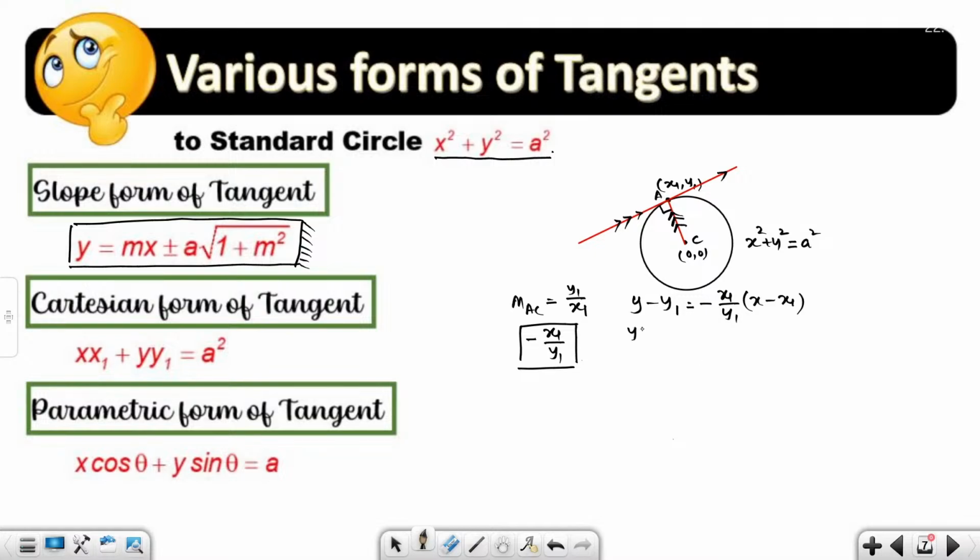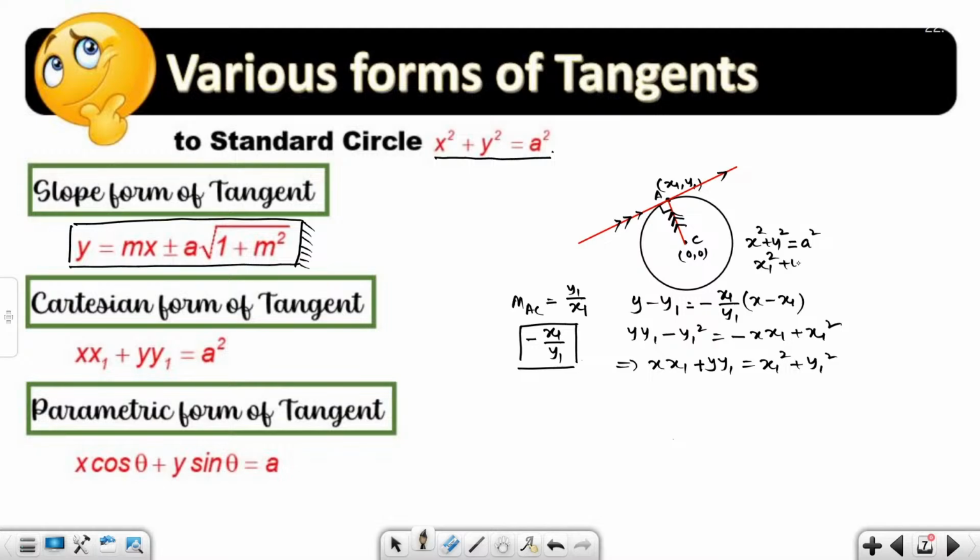So it comes to y y1 minus y1 square equals to, so from here we are getting x x1 plus y y1 equals x1 square plus y1 square. Now (x1, y1) is a point which is lying on the circle. Hence it must satisfy it.